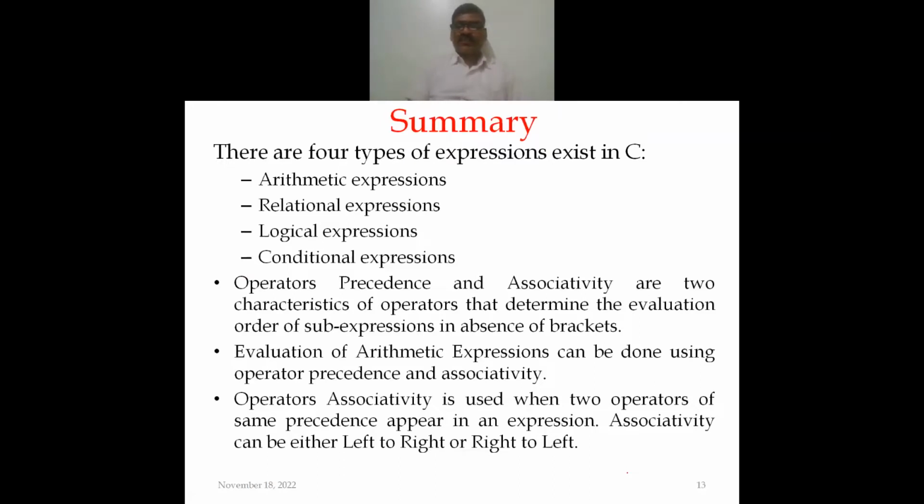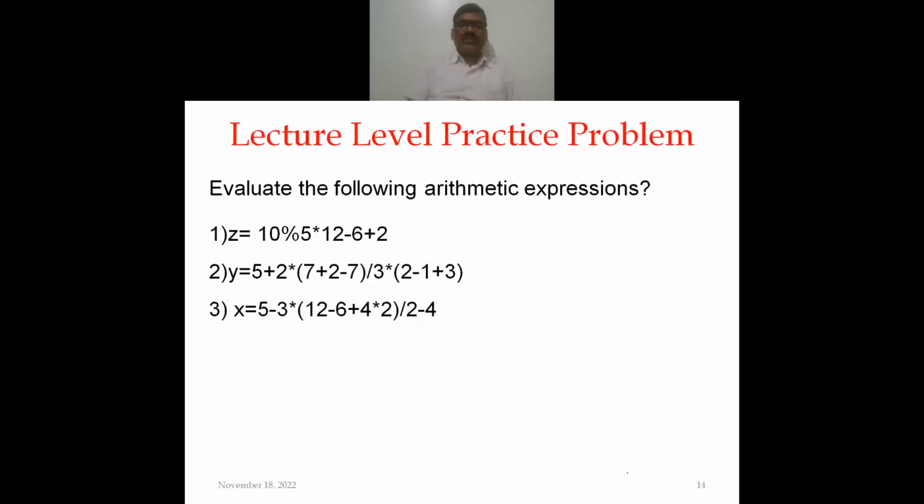Operator precedence and associativity are the 2 important characteristics of the operators which determine the evaluation order, and which operator has to be evaluated first. Evaluation of an arithmetic expression can be done using operator precedence and associativity. Operator associativity is used when 2 operators have the same priority in an expression. It may be left to right or right to left.